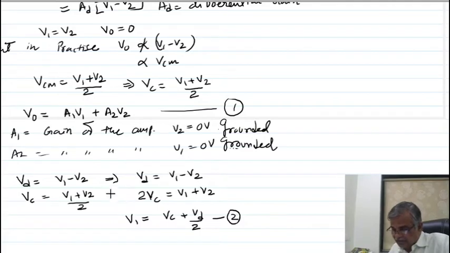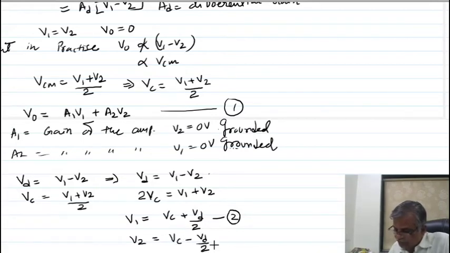See, I am doing the addition of this. Those who do not understand, do the addition of this. So you will get like this. Second, for V2 you do the subtraction of this minus this, so I will get VC minus VD by 2.